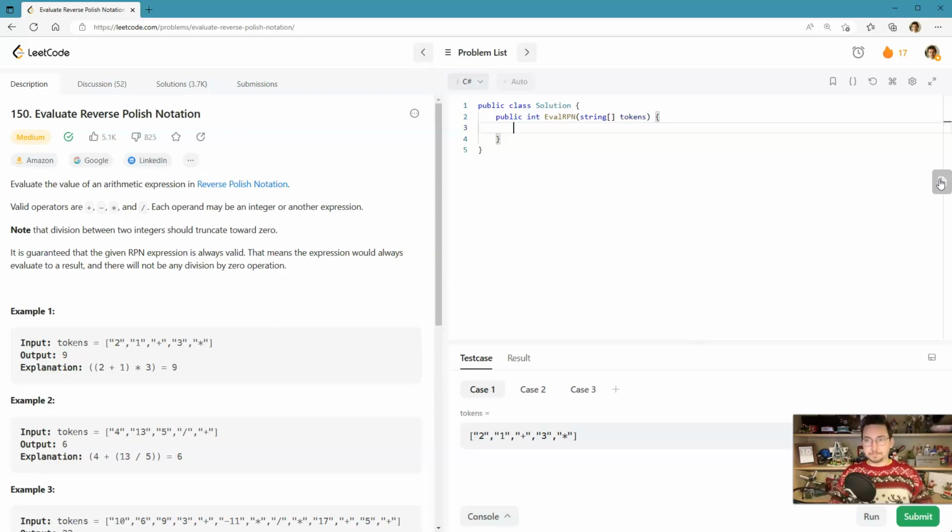Let's do it. So first of all, I will create a hash set of strings which are operations. So instead of checking if this string is plus or minus, I will just do this.